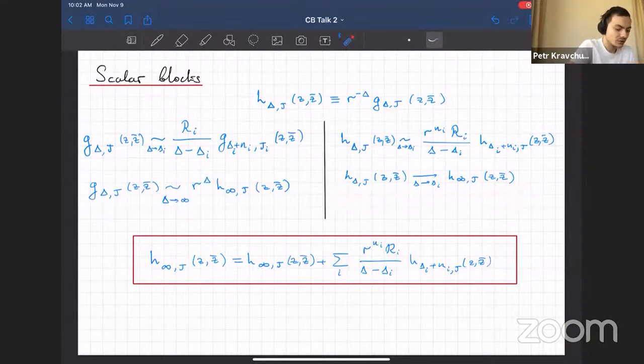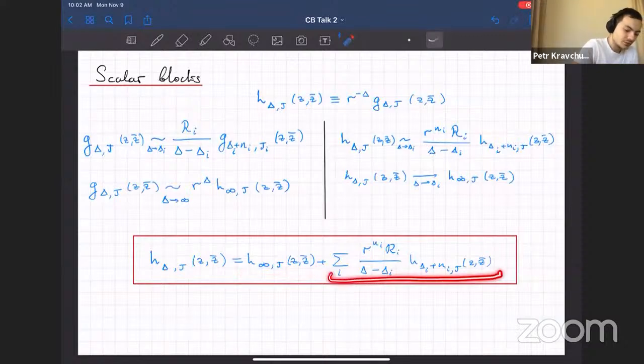And so since we now have a function h for which we know all the poles, we know all the residues, and we know that it tends to a constant at infinity, we can conclude that this function can be written as the value at infinity plus the sum over all the poles times the residues.